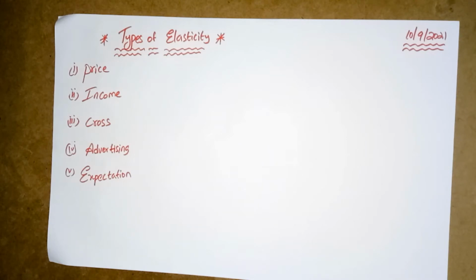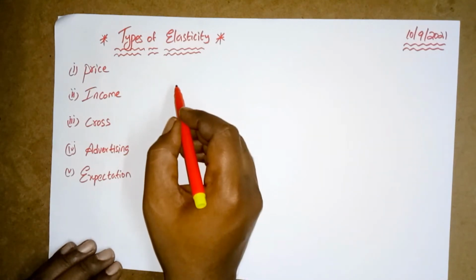Price elasticity of demand depends upon the income elasticity and substitution elasticity in the same manner in which the price effect depends upon the income effect and substitution effect. The relationship between the three elasticities can be expressed as a mathematical formula, which I am writing here.